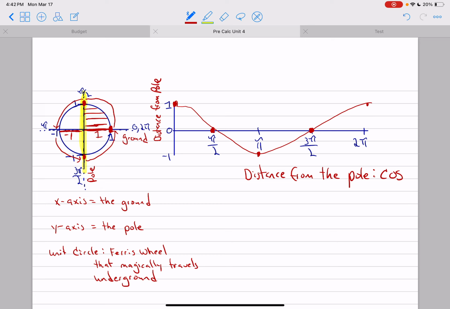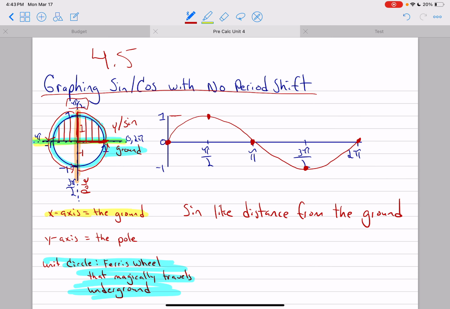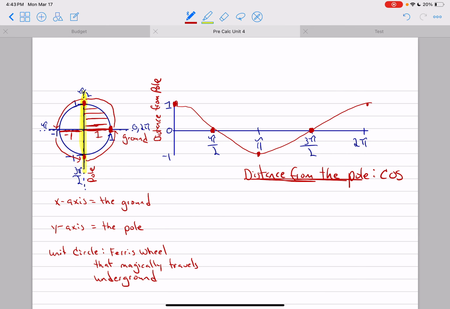So we're seeing how far we are along the x-axis, which we saw. Think of the part of the triangle each of those pieces would be. It would be the x-axis, that is cosine. So distance from the pole is cosine. Distance from the ground is sine, okay? They have two different graphs.